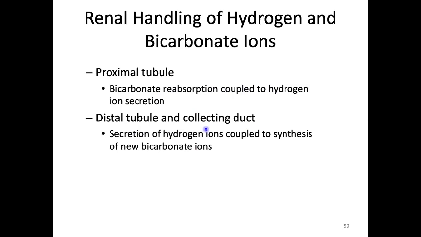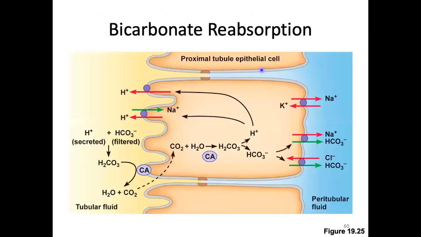Your distal tubule and collecting duct is where you actually secrete hydrogen ions, and you're going to synthesize new bicarbonate ions. So your collecting duct is where you make bicarbonate ions. You actually synthesize them and pull them into the bloodstream. And so the kidney does regulate pH as well. You don't have to know it, but just so you can appreciate it, right?